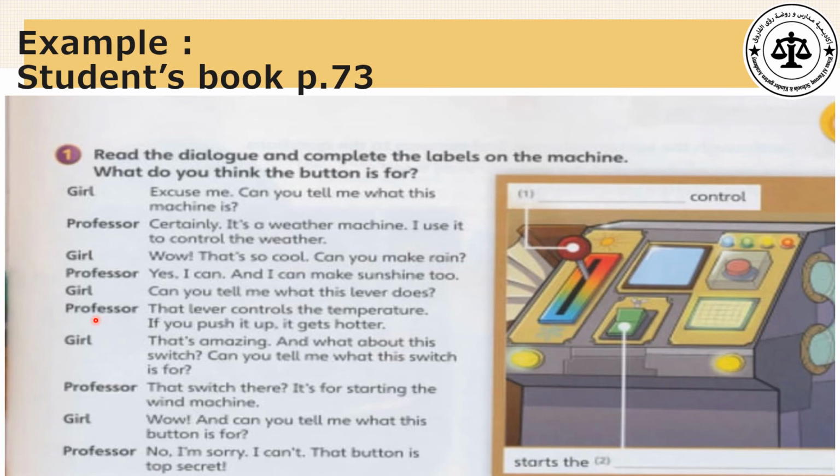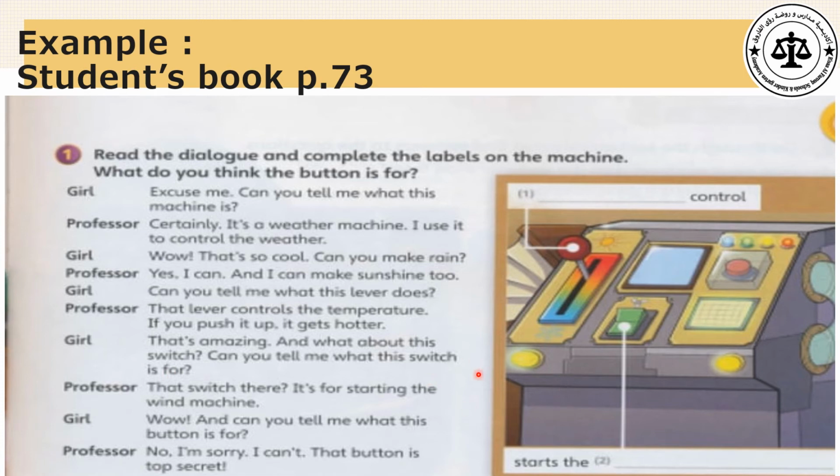The professor answered: That lever controls the temperature. If you push it up, it gets hotter. The girl: That's amazing. And what about this switch? Can you tell me what this switch is for?